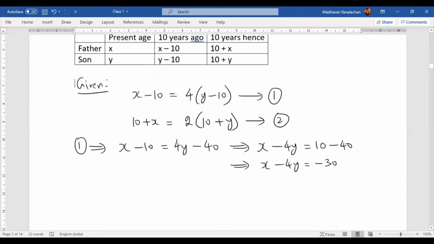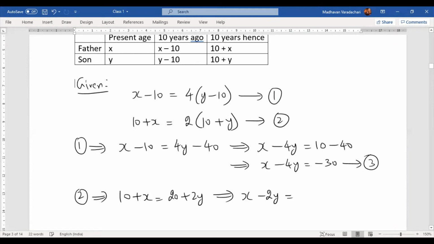This is our new equation. I will call it the third equation. Then the second equation, same way, 10 plus x equals 2 times y plus 10. Now I am taking this 2 inside the brackets. It will become 20 plus 2y. Again, I will bring all x and y to one side. x minus 2y is equal to 20 minus 10, or I can write x minus 2y equal to 10. Let me call this equation 4.